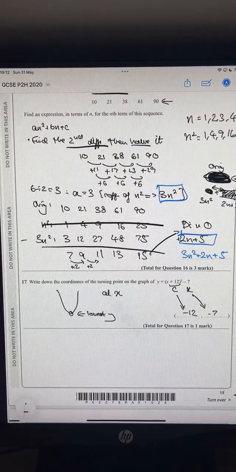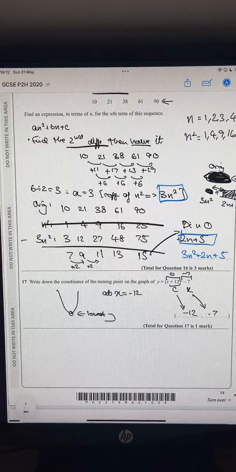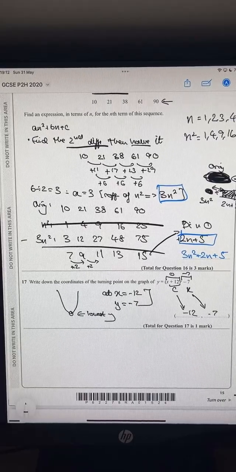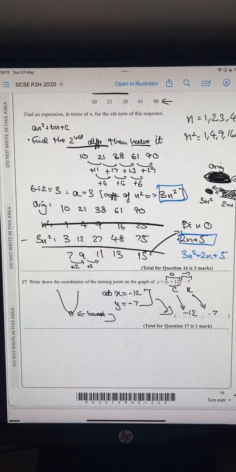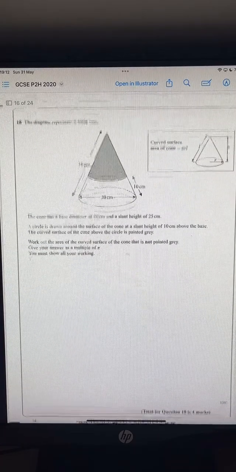So at x equals -12, this thing here equals 0. So y overall is -7 as my smallest. And oh look, that's my answer. So that's how you understand it using the graphs. And you can also have the cheat way of doing Calvin Klein CK, change, keep the signs. Okay, cool. Nice 1 marker.